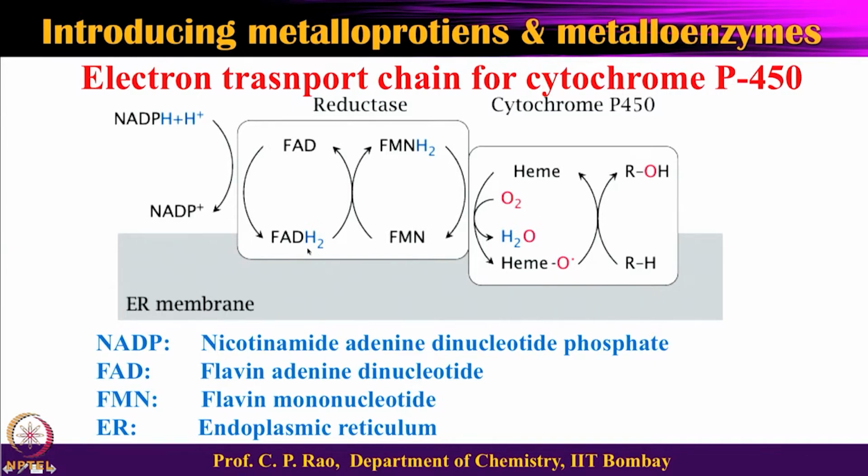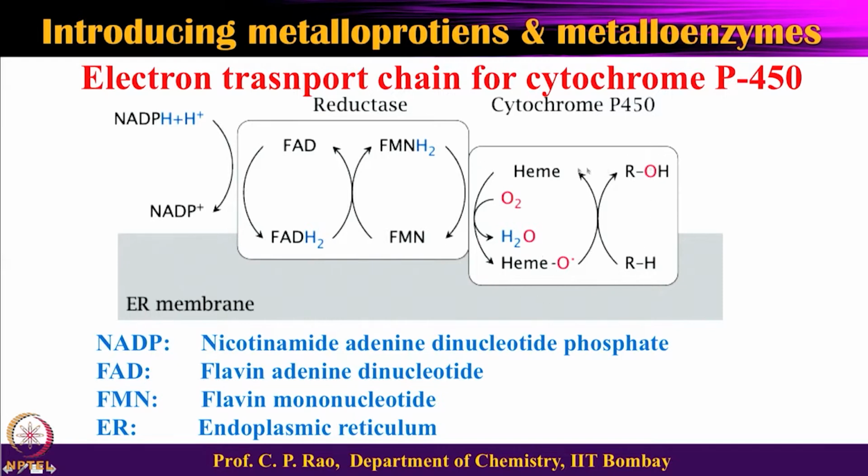When this reduced flavin adenine dinucleotide turns back to the oxidized form, it gives an electron, and that electron converts flavin mononucleotide into its reduced form. When the reduced flavin mononucleotide returns to the oxidized form, it transfers the electron to cytochrome P450, which is in the oxidized form, takes up the electron, and goes to the reduced form. This in turn will break the O2, with one O going to H2O and the other O added to ROH.